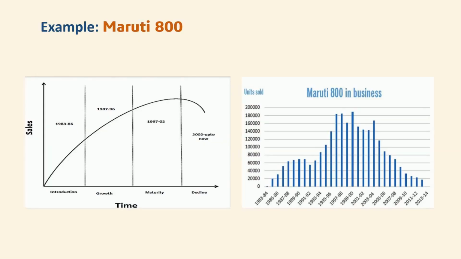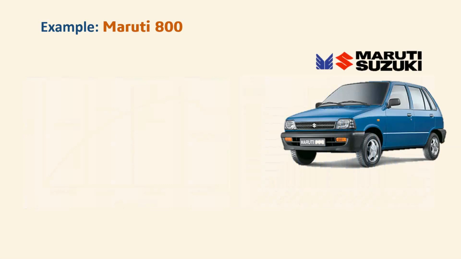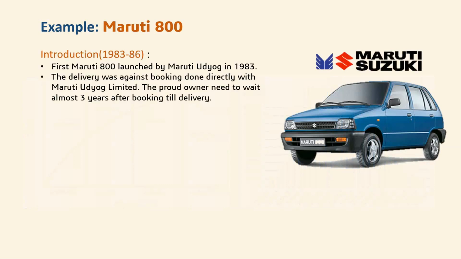So let us take an example of Maruti 800. It is a product by Maruti company in collaboration with the Japan company Suzuki. On the screen you can see the product life cycle of Maruti 800 and the numbers of units sold in a particular year of Maruti 800. So the introduction part of product life cycle of Maruti 800 include the first Maruti 800 was launched in 1983 and the company was very low in delivering capability of the product.